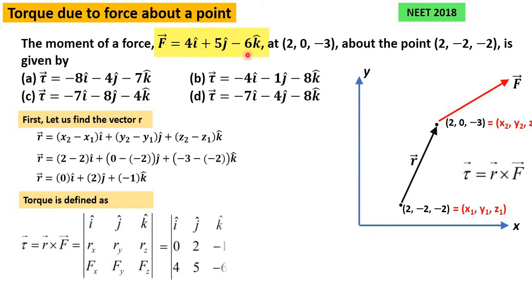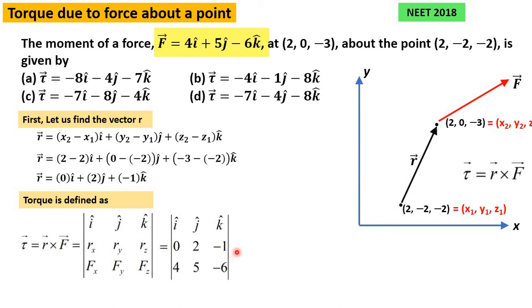So Rx, the x component of R vector, is 0, put here. Ry, the y component, is 2, put here. And Rz, the z component of vector R, is minus 1, put here. Fx, the x component of force, is 4, Fy is 5, and Fz is minus 6, put up here.